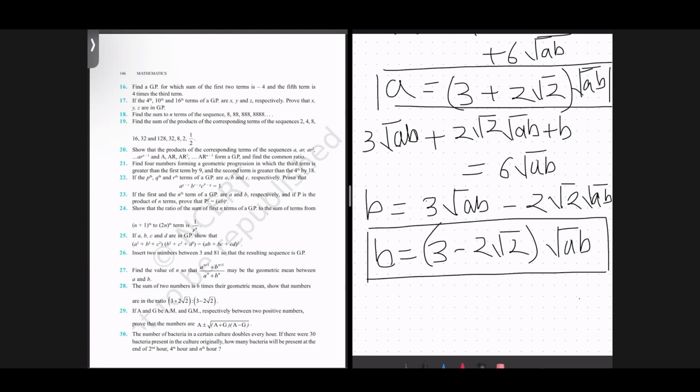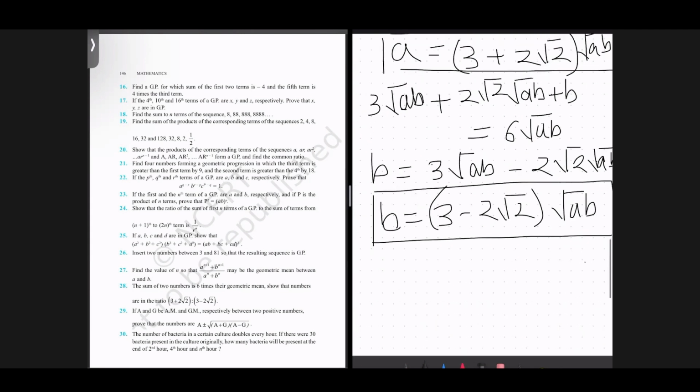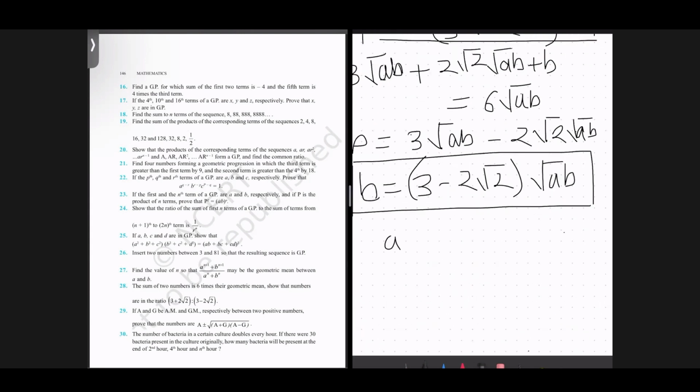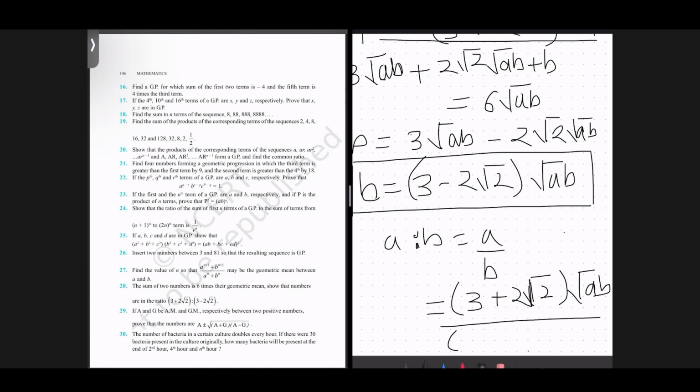Now find the ratio of a and b. Let us divide a by b and see what we get. So a ratio b equals a upon b equals 3 plus 2 root 2 into root ab upon 3 minus 2 root 2 into root ab.